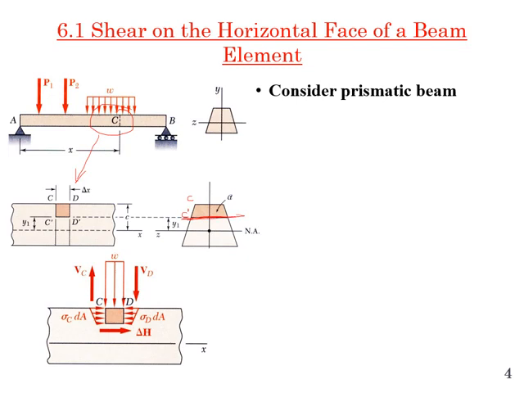Now, if I draw a free body diagram for this segment, my interest is on this segment only. So the free body diagram will be like this. We have a distributed load W.